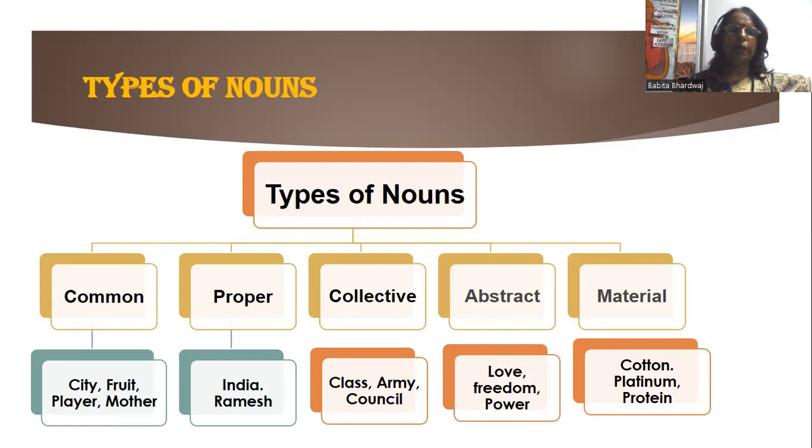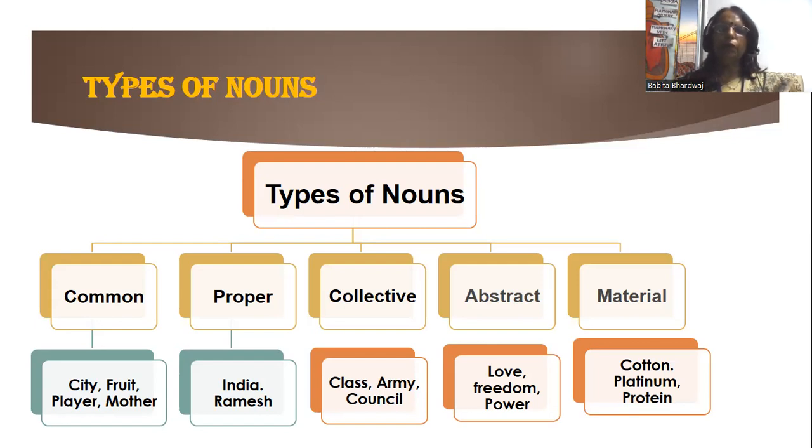For example, a class. This class may be a 6th class or a 7th class, or maybe any B.Ed class, or any class which comprises many students. Similarly, the army and council. These are some of the examples of collective noun.